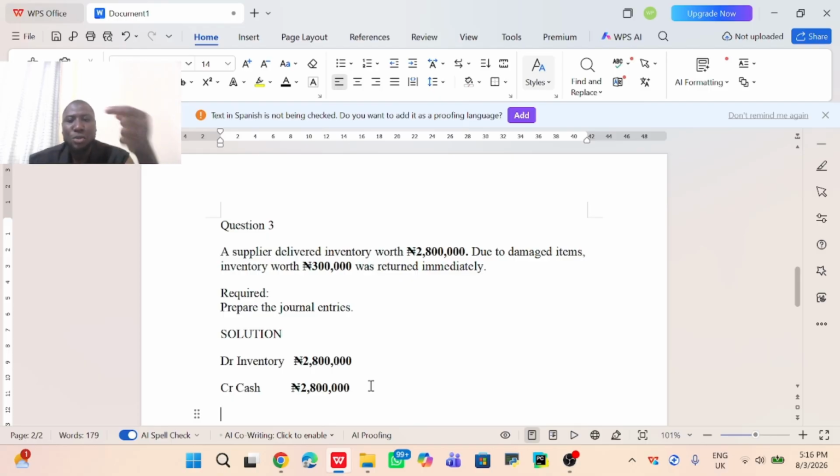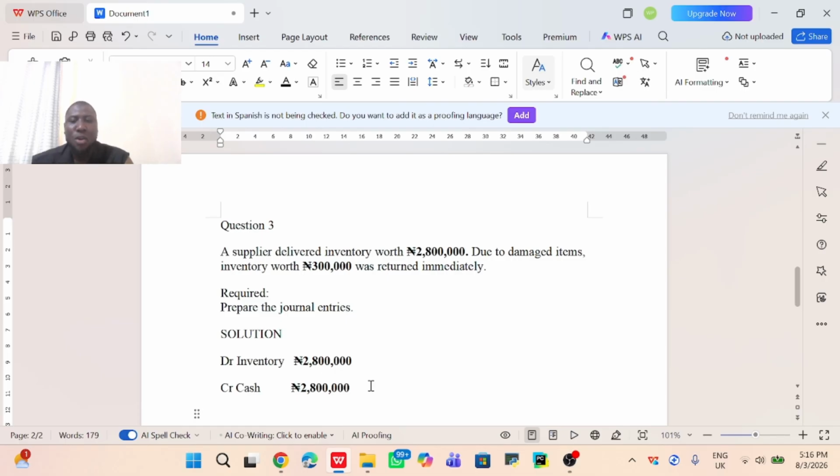If they refund you now, that means you receive cash, which means your cash will be debited and your inventory will be credited because your inventory reduces, right? And your cash increases. You understand what I'm saying?